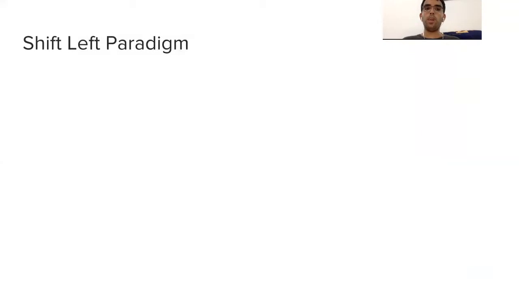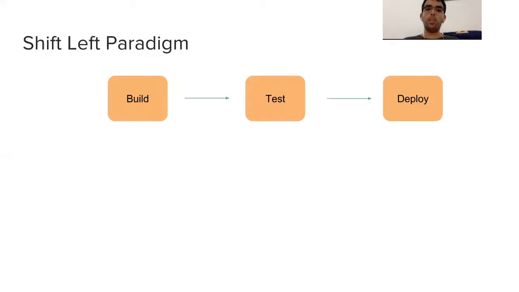The shift left paradigm talks about the fact that we have multiple phases in software development. Usually we start with a commit, and then there is a build, there is test, and then finally we release the software to production. The shift left paradigm talks about running tests as soon as possible and getting feedback fast and giving it to the developer and the team as soon as possible.